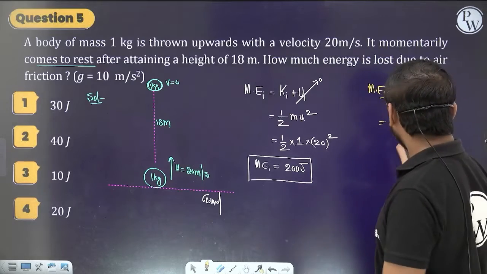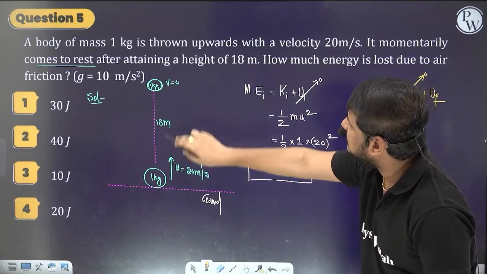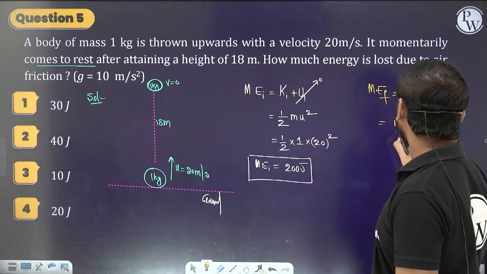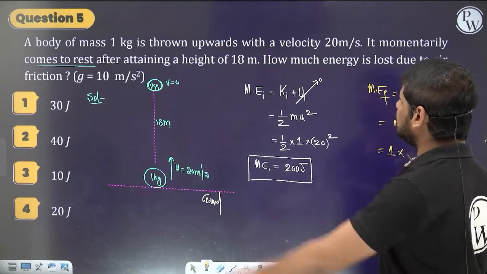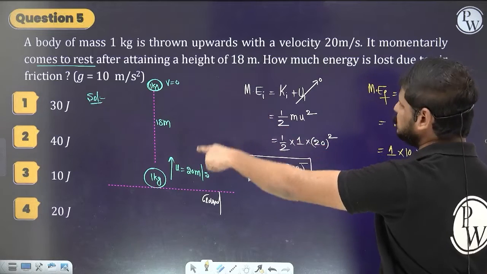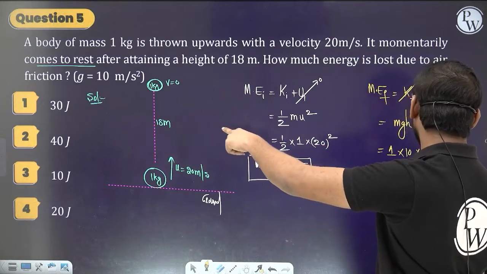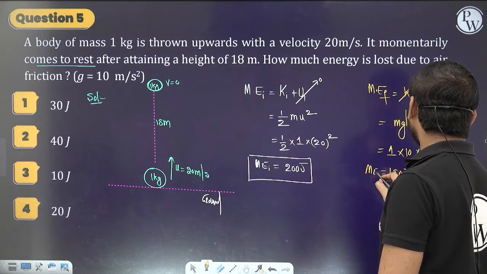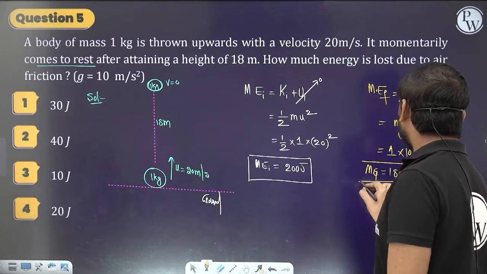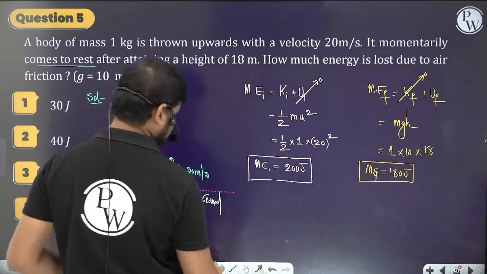Then the final potential energy, it attained a height of h, so mgh. Its mass is 1 kg, the g value they asked us to take is 10, and the h value is 18 meters it attained. That means 180 joules. So the initial mechanical energy is 200 joules and the final mechanical energy is 180 joules.